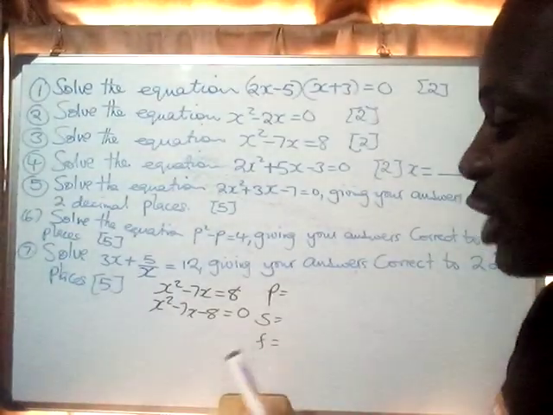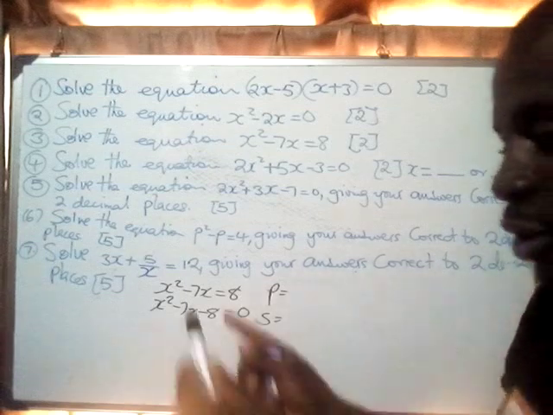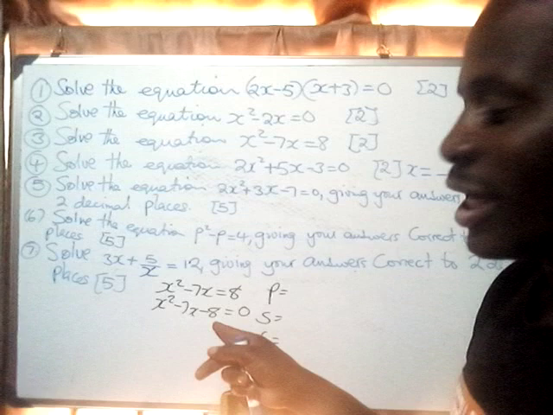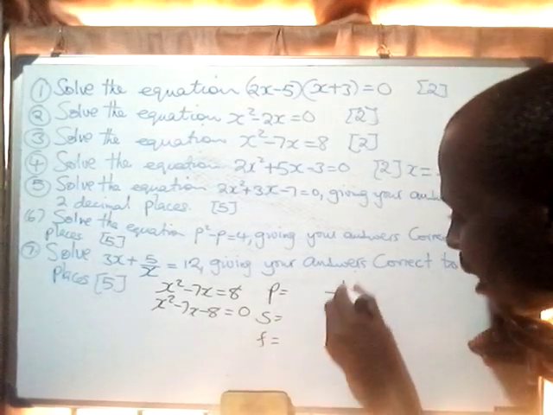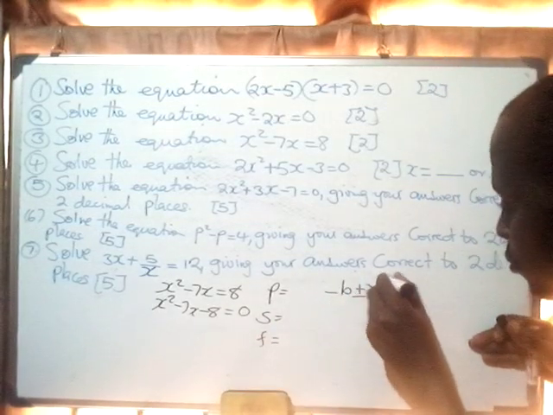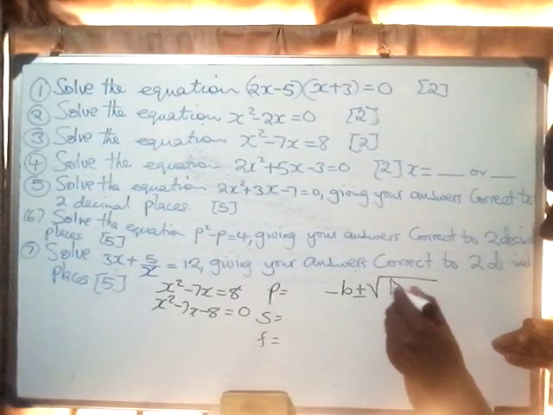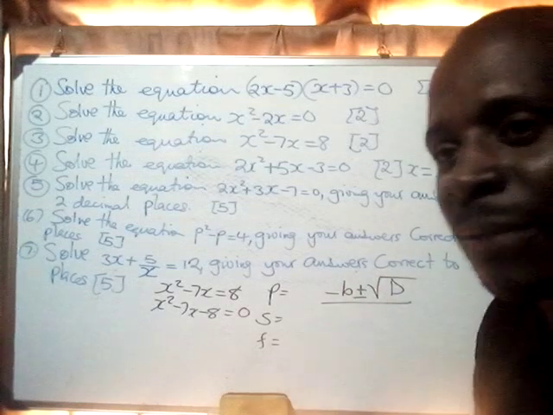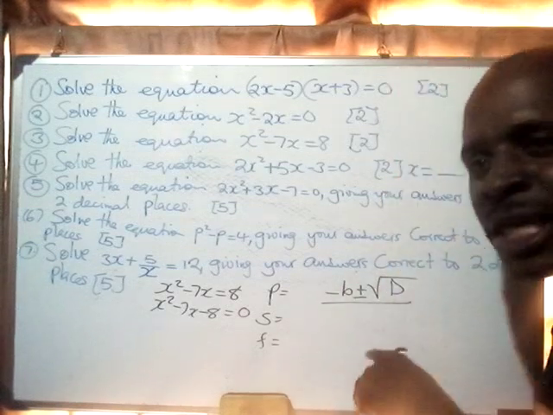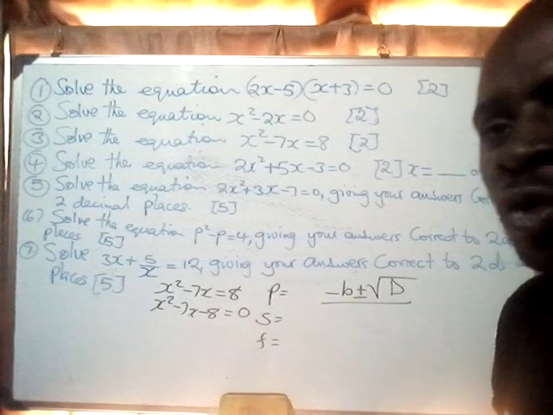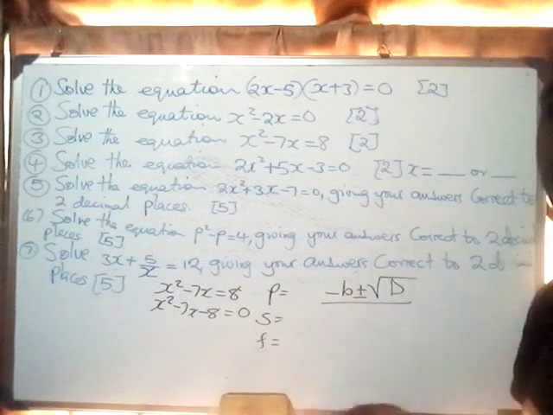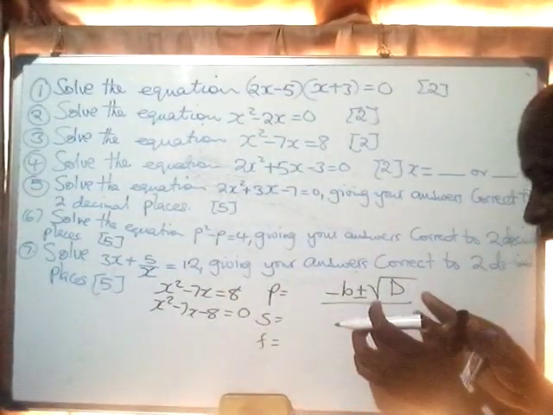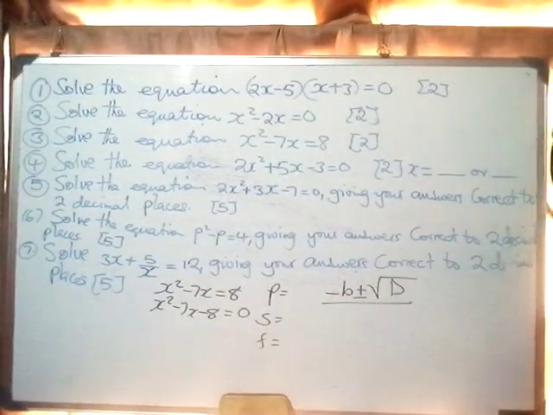But I can advise you here to use the formula method, because normally such kind of questions, even if they come in paper 1, when you reach the point where you have the square root of the discriminant, the root there will always be a perfect square number. It could be 4, 1, 9, 16, 25, 36, 49, 64, 81, or 100, so you're going to find the exact square root of that.